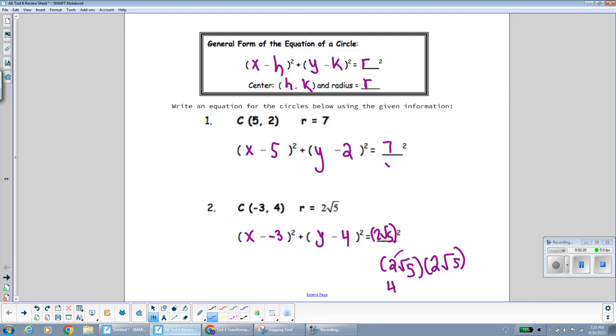That is 4 times √25, which is 4 times 5, which is equal to 20. So we could also write 20 here instead of (2√5)², but I'm just going to leave it as (2√5)² so you can see that the right-hand side of the circle equation is radius squared. It's not just radius, it is the radius squared.